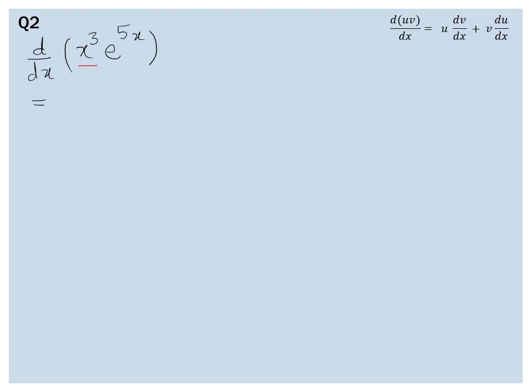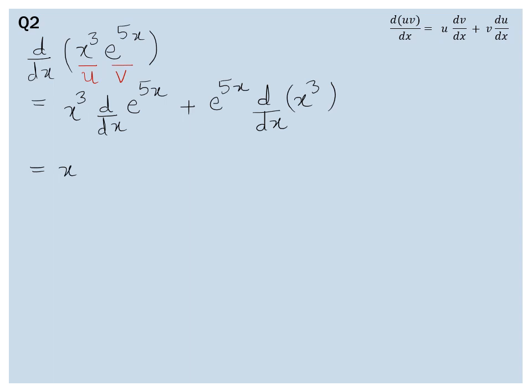We can take either function as u and the remaining function as v. So applying the formula, we get u, which is x cube, into derivative of v, that is e to the power 5x, plus v, again e to the power 5x, into derivative of u, that is x cube.